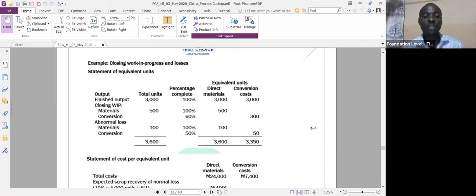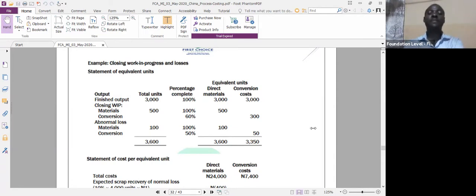So we were told that they came to inspect it and it was 50% complete. So that is why it is like that. So 60% of 500 is about 300. Okay, now we have abnormal loss. We have 100% material.